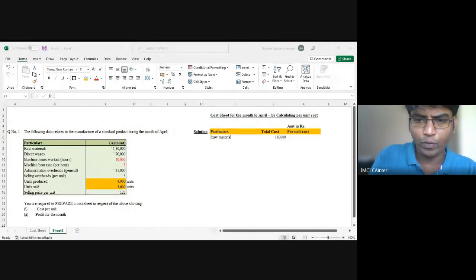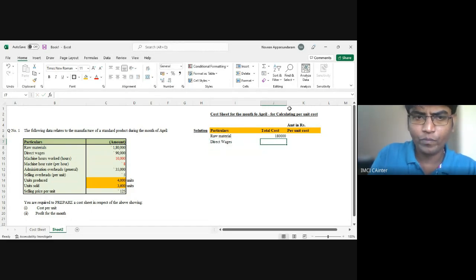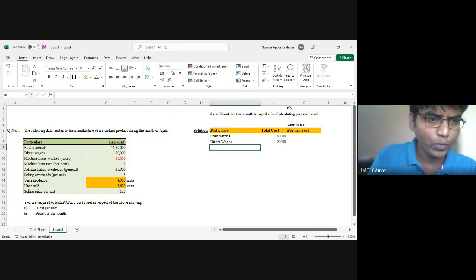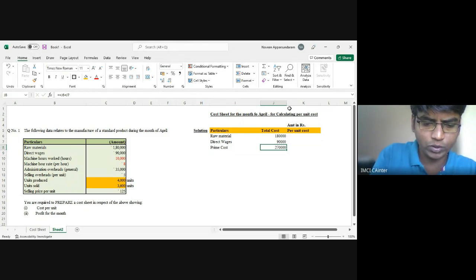Next, direct wages, 90,000 rupees. I do not have any direct expenses, so I can infer that this is my prime cost. Both A and B put together, prime cost.